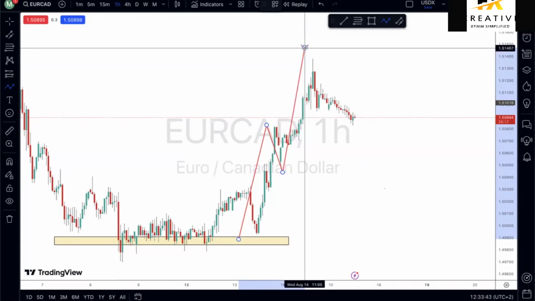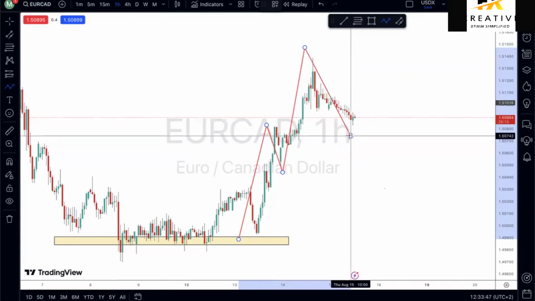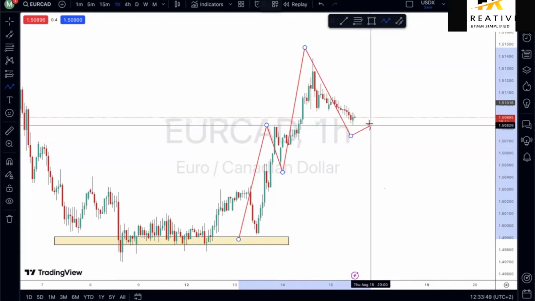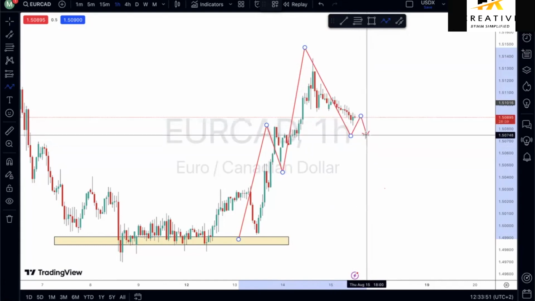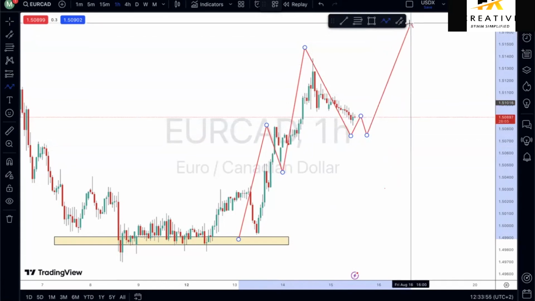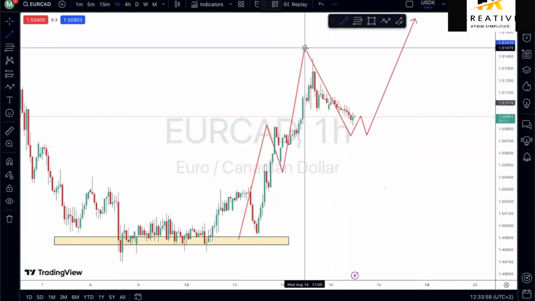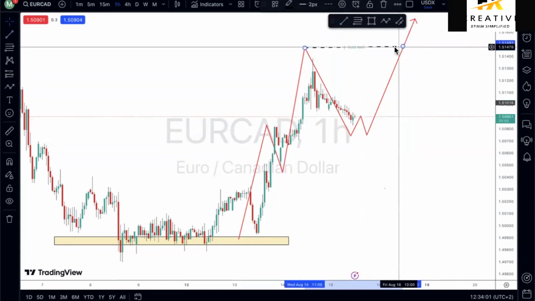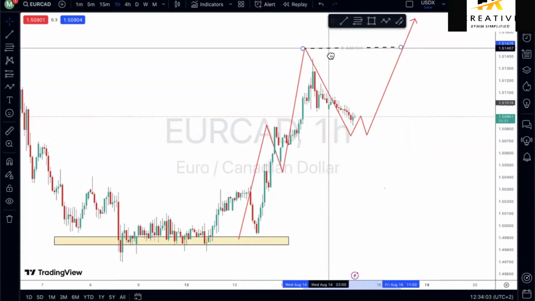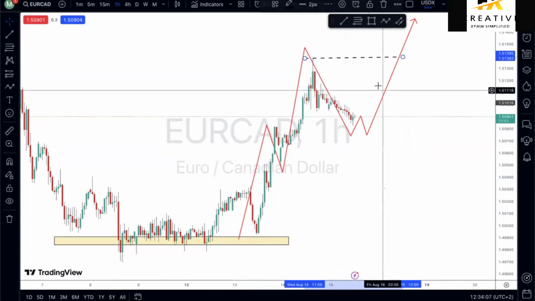So what do I want to see? I want to see the dealer interact somewhere around here, and on the 15 minutes give me something like this, and definitely break this high. All right, so I know I put it here, but according to price, the high is somewhere there.